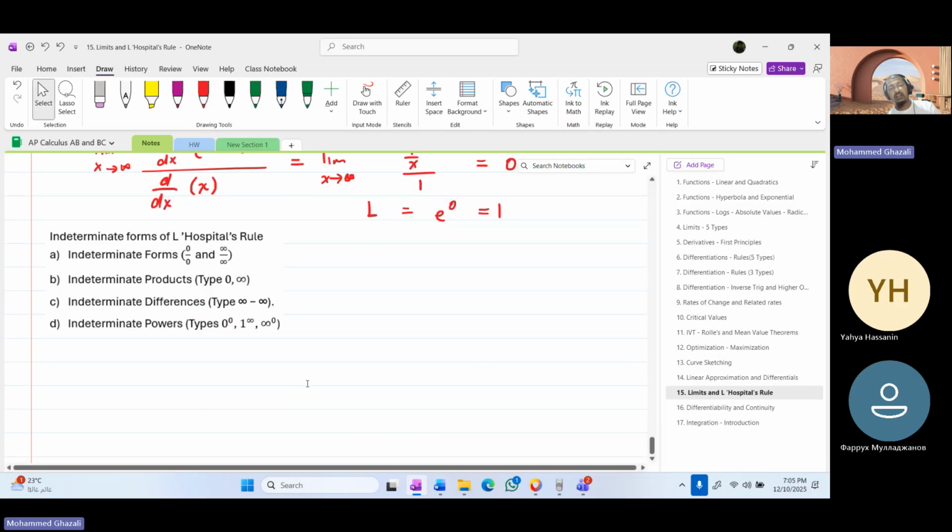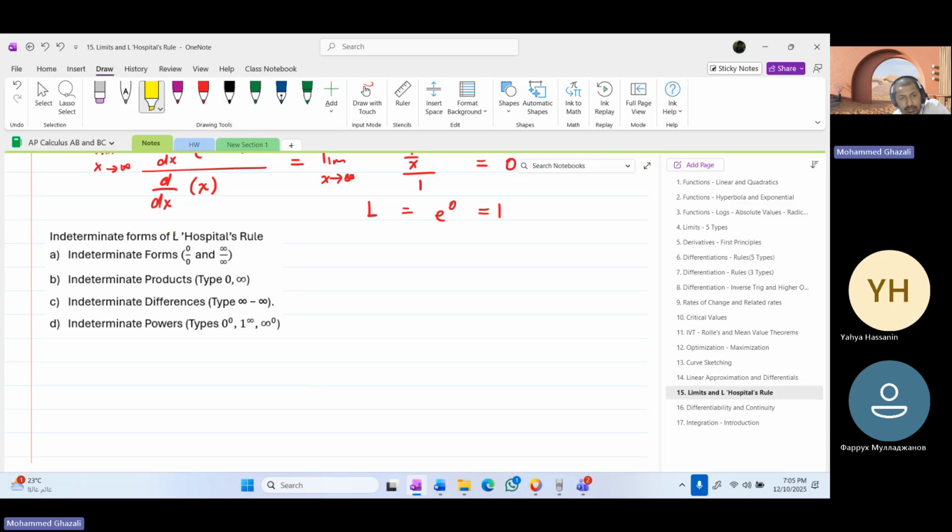So now what did we learn in L'Hopital's rule? There are 4 indeterminate forms. In L'Hopital's rule, for the power forms, what do we use? We just use e to the power ln f of x, for all these 3 power forms. Infinity minus infinity, what do we do? We make a rational function.